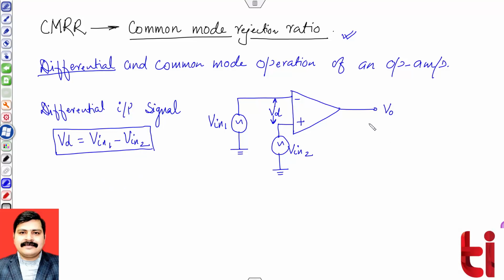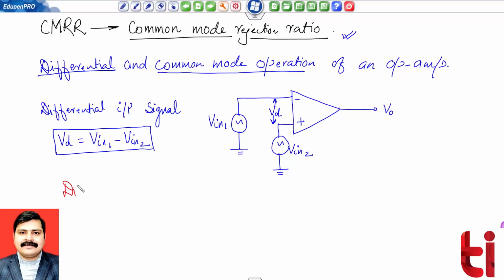And I'm assuming that in this situation my gain is the differential voltage gain, which is termed AD. So here AD is my differential voltage gain.